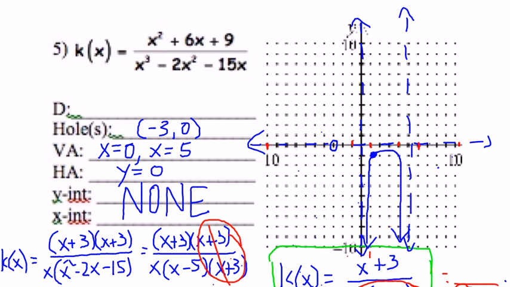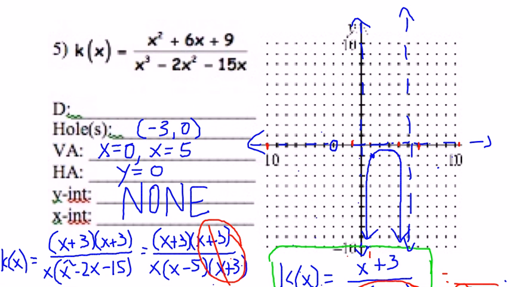Because it cannot cross the x-axis. If, for example, it were this red, you would have had an x-intercept right there, and we don't, so it cannot be the red. So it has to look something like this.